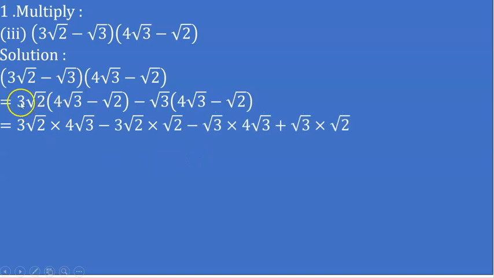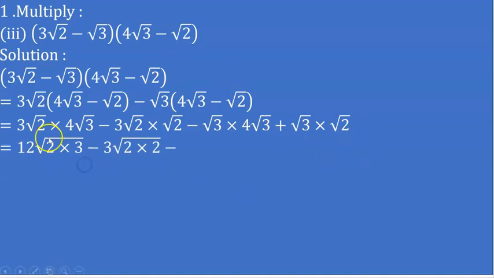Now the next multiplication: 3 root 2 into 4 root 3 minus 3 root 2 into root 2. Next minus root 3 into 4 root 3. Next minus and minus will become plus root 3 into root 2.